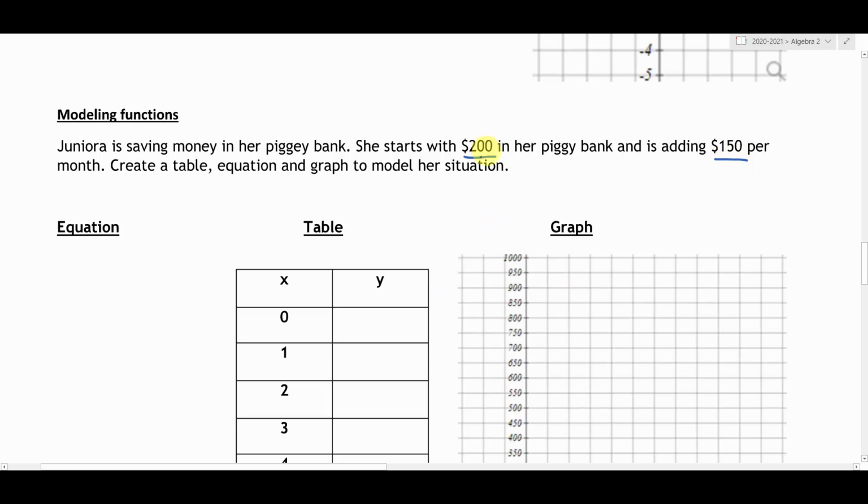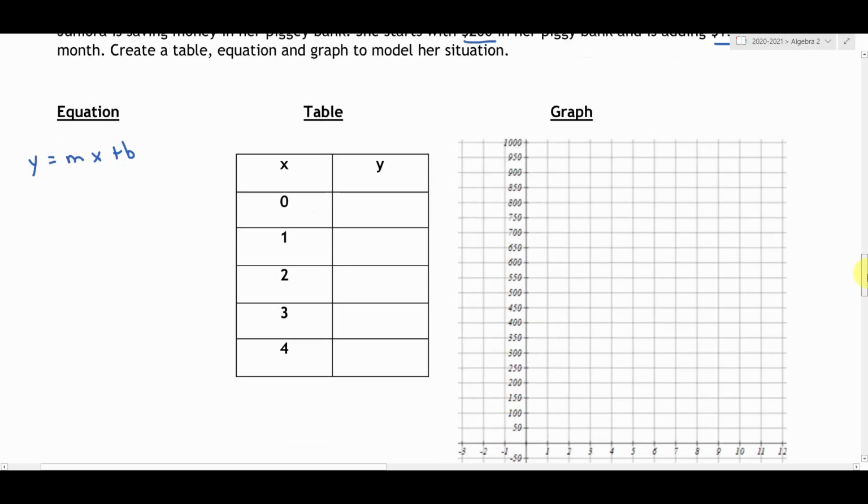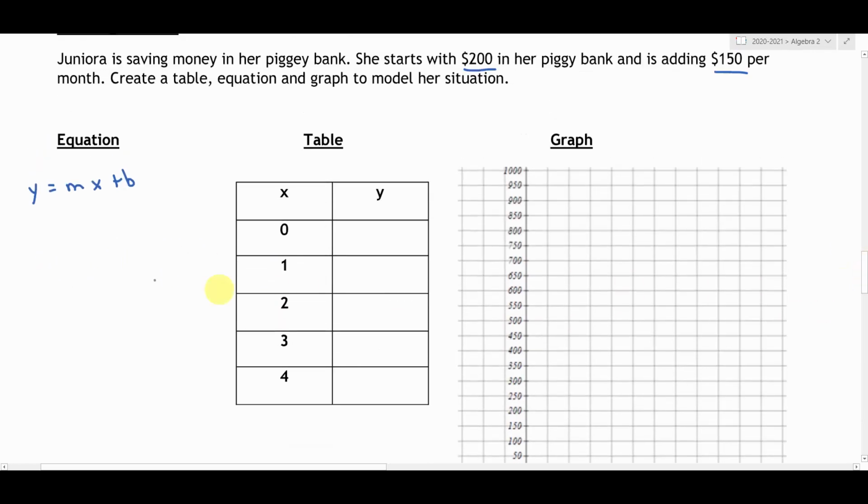Right? And in the previous lessons, we had talked about situations where we're growing by the same amount each month creates a line. And the general equation of a line is y equals mx plus b. Right? And you probably remember this from Algebra 1. Okay? So m represents the slope, right? It's the rate of change, right? So how much money are we adding every month?